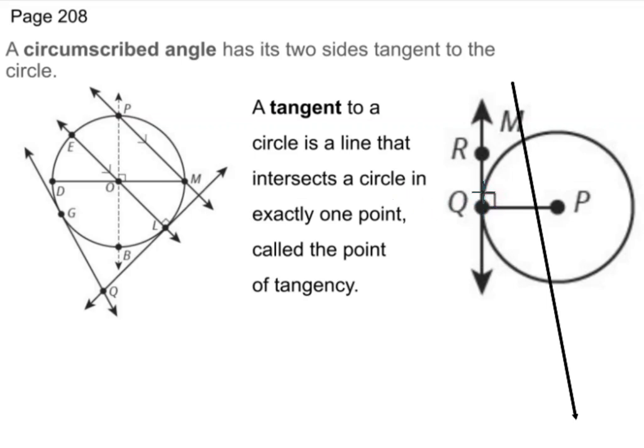And that point makes a 90-degree angle with the center radius, so I always know that's a 90-degree angle. So a circumscribed angle is going to be formed by two tangent lines.